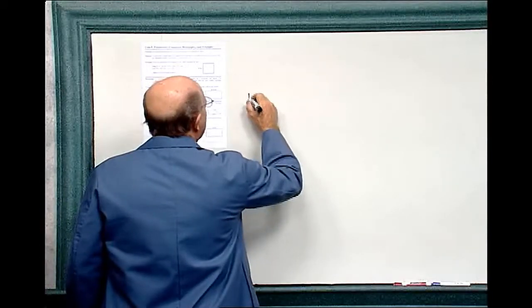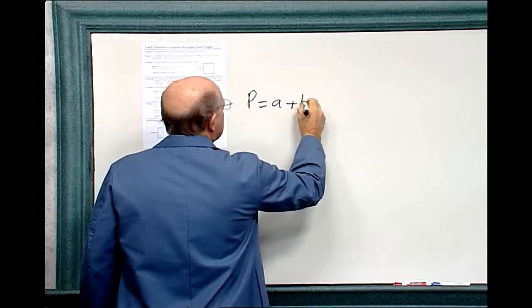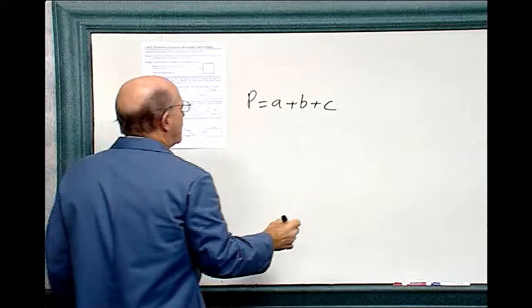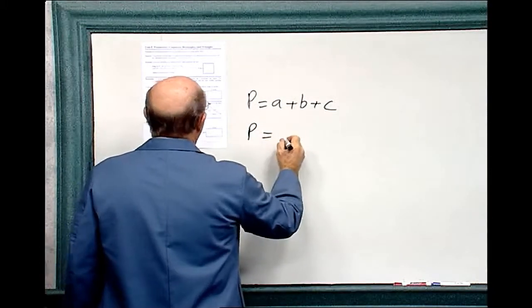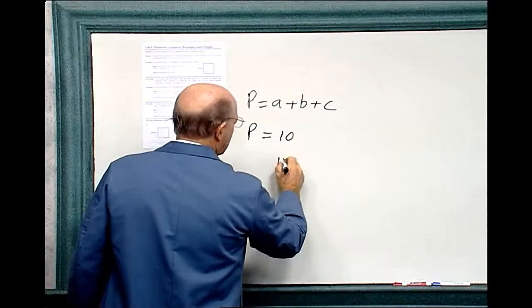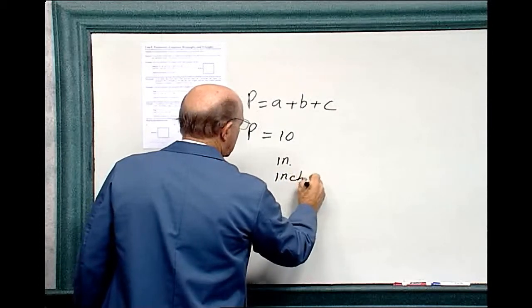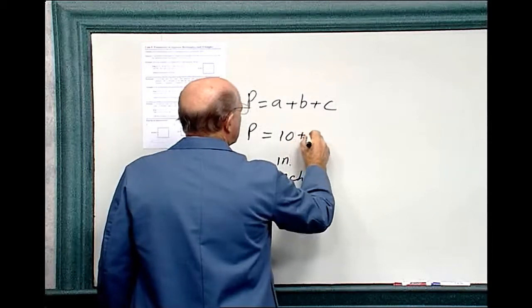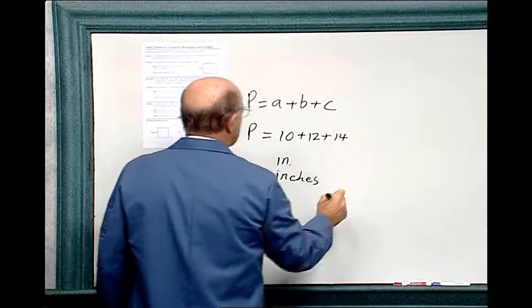Perimeter of a triangle, P equals A plus B plus C. And so P equals, and A was 10 inches, and this is the abbreviation for inches. Plus 12 inches plus 14 inches.